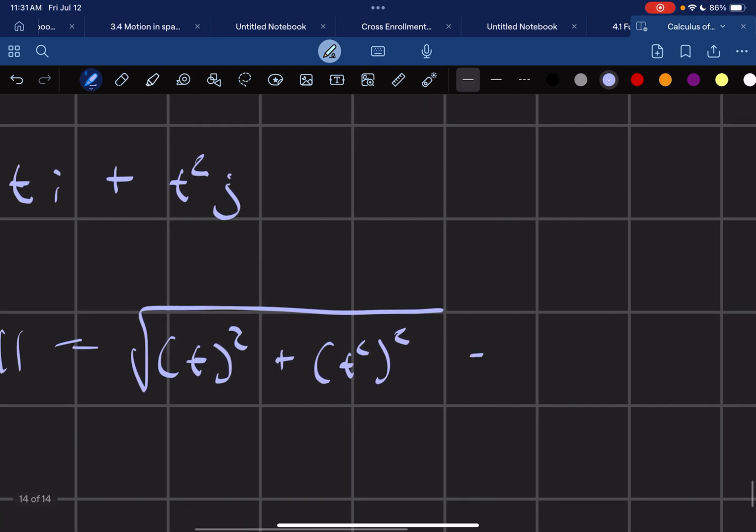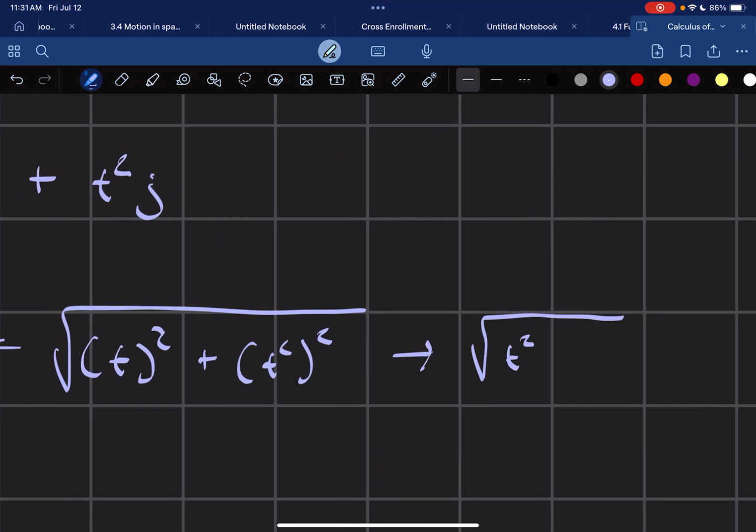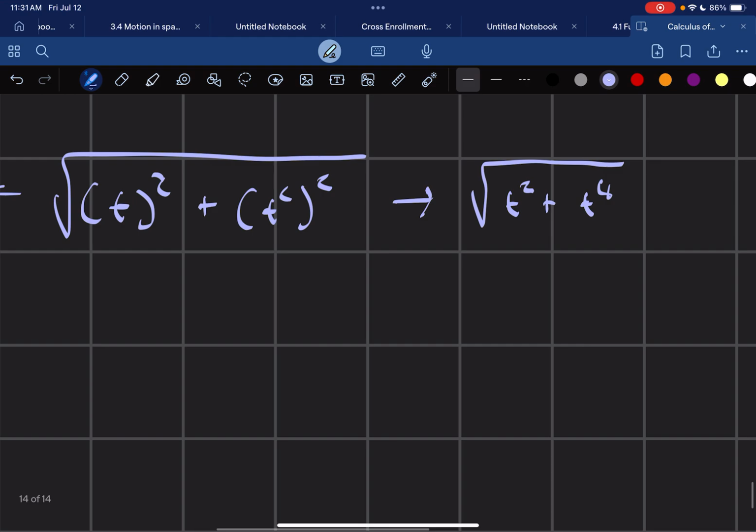That would give us t squared plus t to the fourth. So that's the magnitude. But we can factor out the t squared, so we get t times the square root of 1 plus t squared.